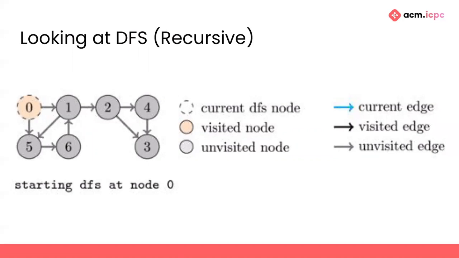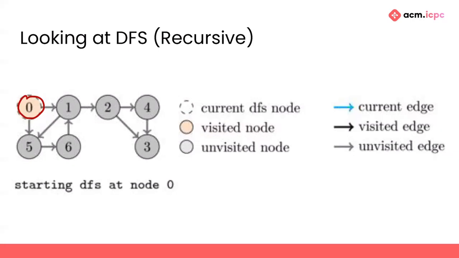Okay, so first we'll start with node 0, which is this one, labeled with the dotted lines. We start here, and it's colored for us, so it's shown as visited. Next, what do we do?